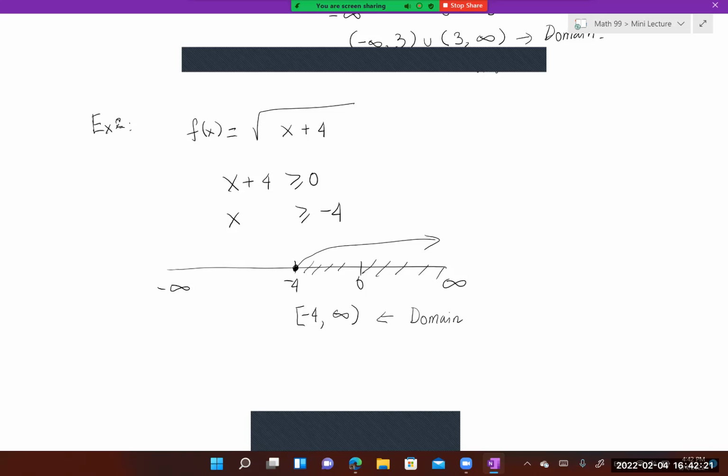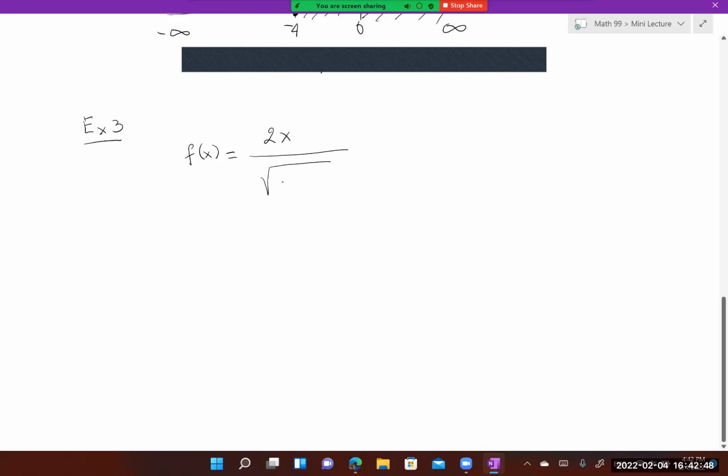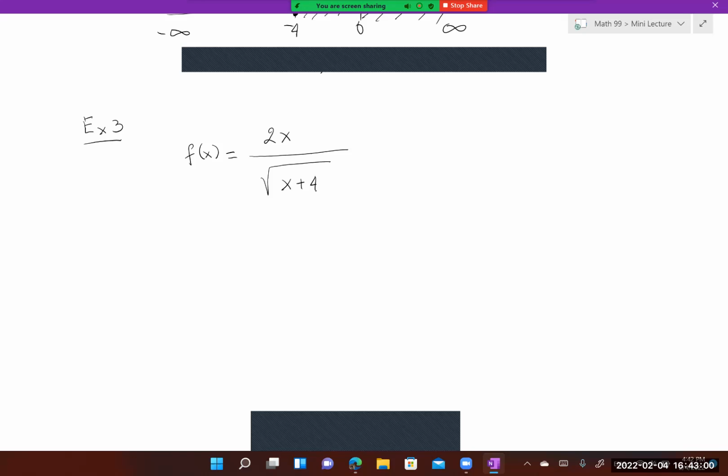Okay, now let me talk about example 3, where the function is a combination of the first and the second example. Let's look at this example. We have something divided by something, which is a polynomial or a function divided by another function.